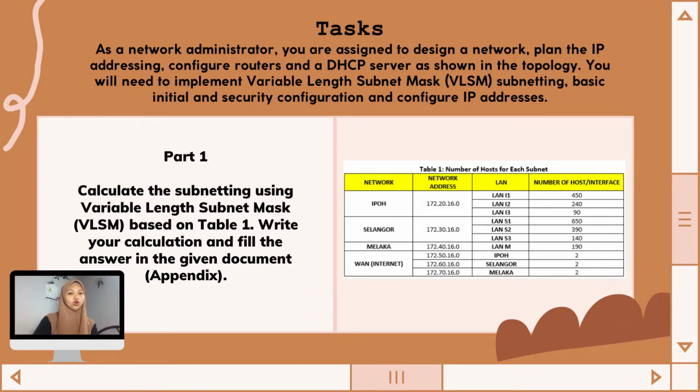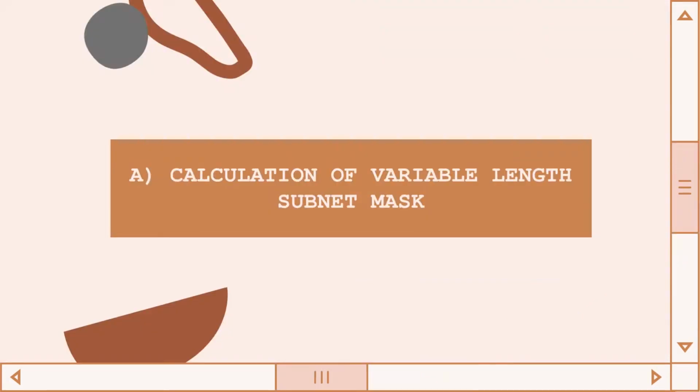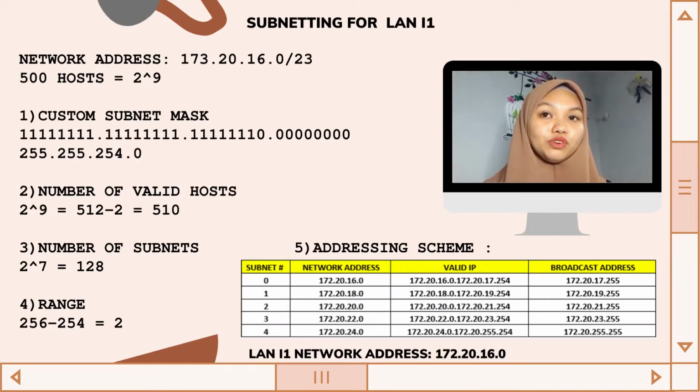We write the calculation and fill in the answers in the given appendix document. On the right side there is Table 1, which gives the number of hosts for each subnet, so we refer to Table 1 for our VLSM. I will continue with question A, the calculation of the variable length subnet mask.